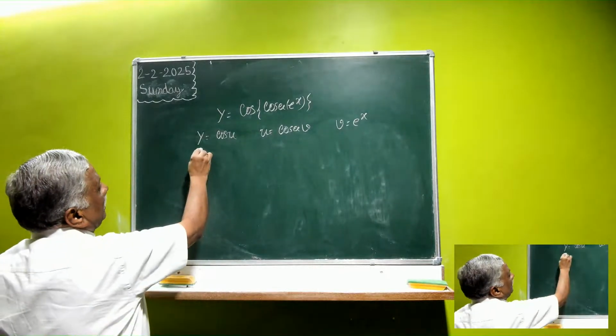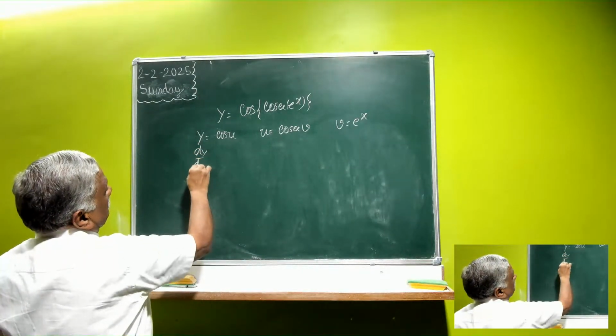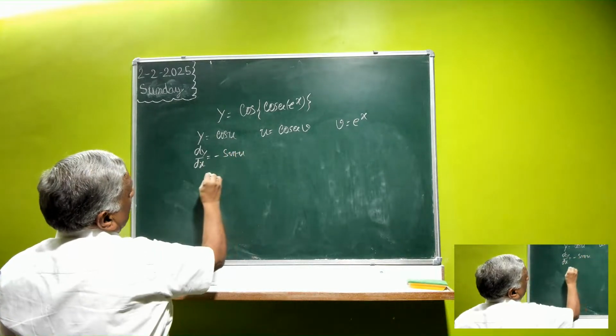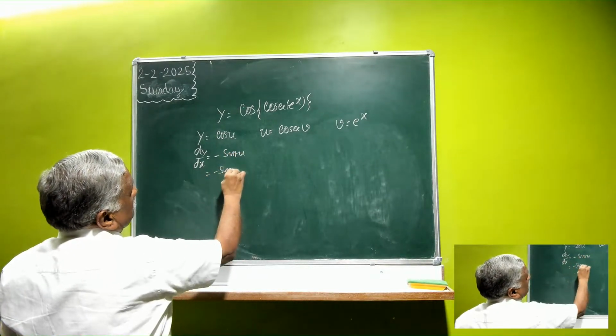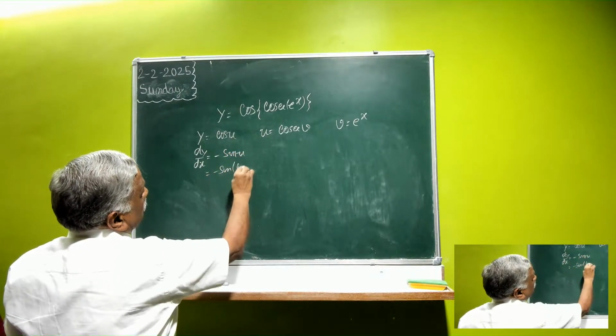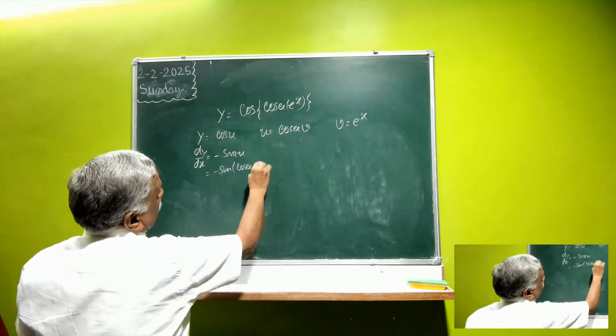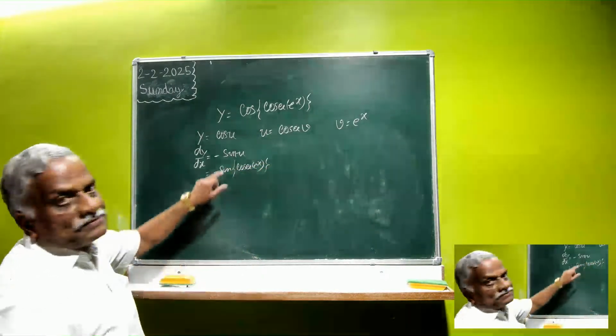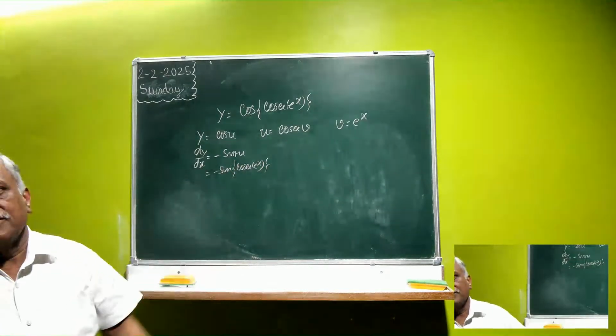So find dy by du, which is minus sin u. What is u? u is cosecant v, that is cosecant e power x. After complete differentiation, we place the value.